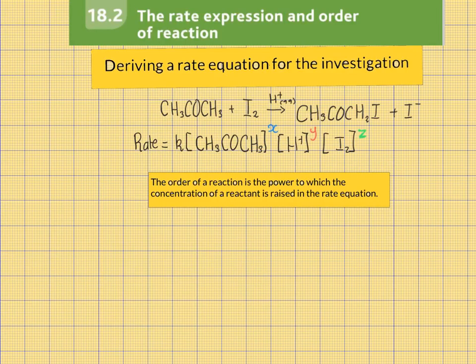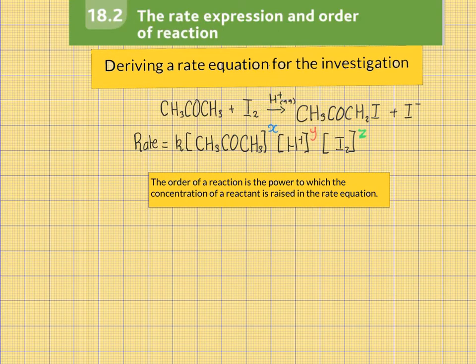In this section, we're going to look at the rate expression. The rate expression, or rate equation, looks at the contribution of all of the species that affect the rate of the chemical reaction. These include the reactants and maybe catalysts too. So now we're able to derive a rate equation for the investigation. So remember, the chemical equation for the reaction that's taking place is propanone reacting with iodine and hydrogen ions or acid reacting as a catalyst.